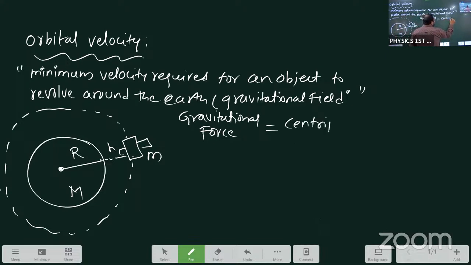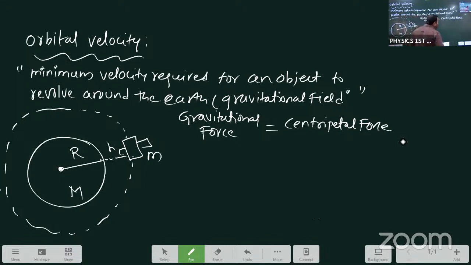You read in lower classes about centripetal force and centrifugal force. Centripetal force means force acting toward the center; centrifugal force means force away from the center. Here, gravitational force provides centripetal force.